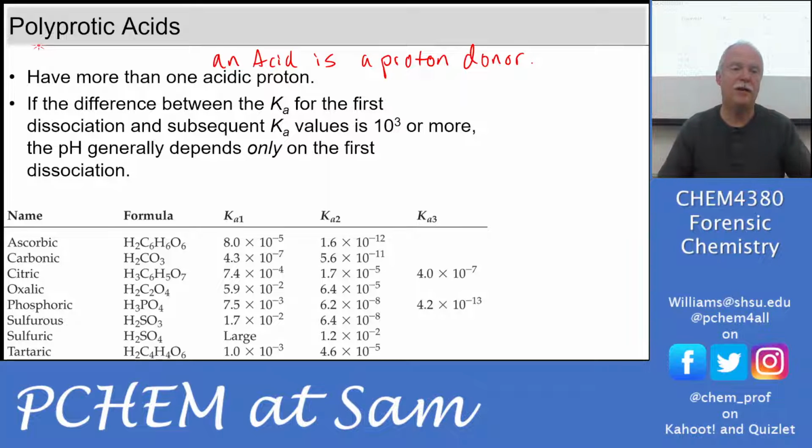So there's lots of compounds that, well, like take acetic acid. It's got one proton that's donatable. It's a carboxylic acid. The methyl group on the end has 3 hydrogens on it that are more covalently bonded to the carbon. They're not acidic protons. And so even though acetic acid has 4 hydrogens on it, only one of those is a donatable proton.